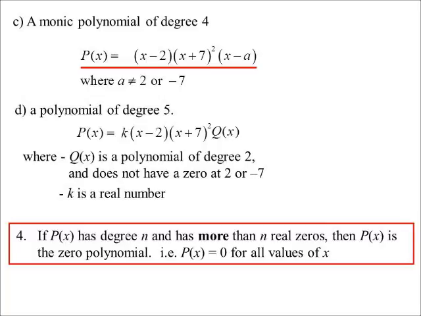It doesn't necessarily obey all the laws that we want it to obey. If the polynomial is 0, how many solutions does it have? It has an infinite number of solutions because 0 is always equal to 0. Doesn't matter what you substitute in for x, 0 will equal 0.